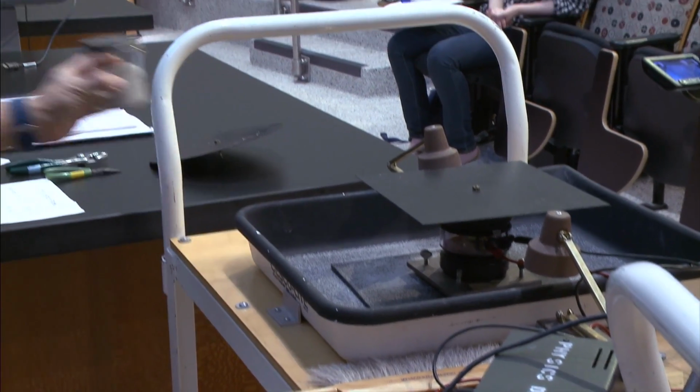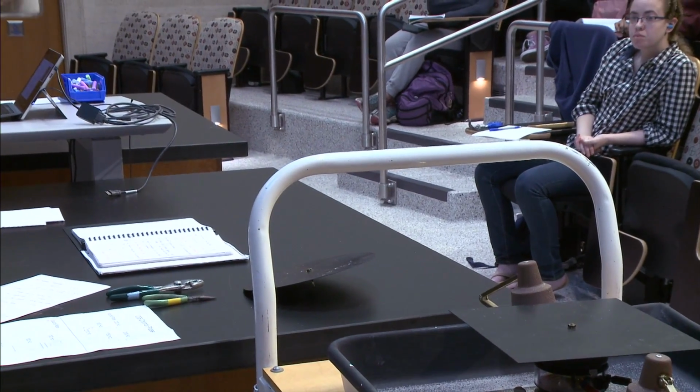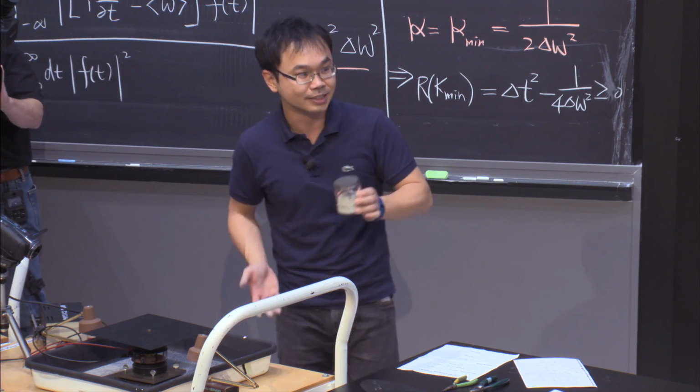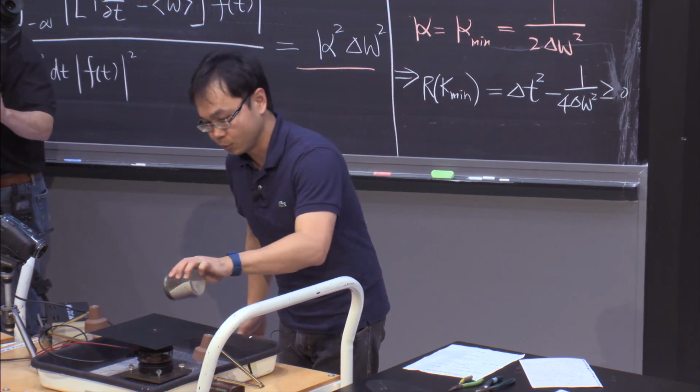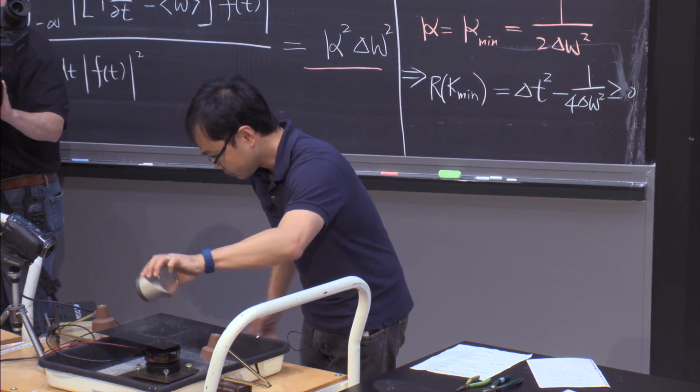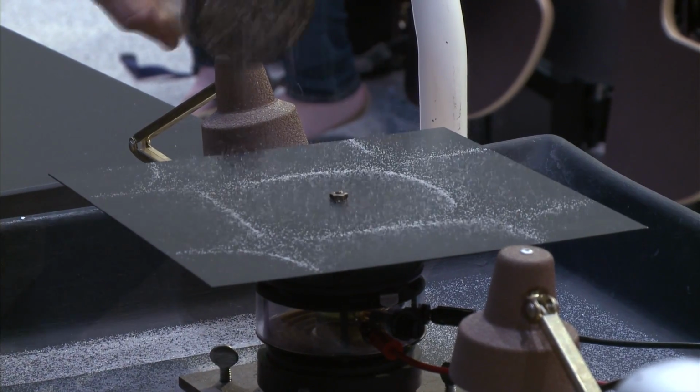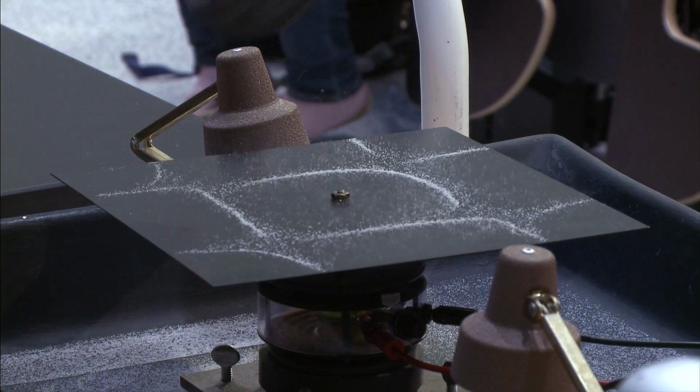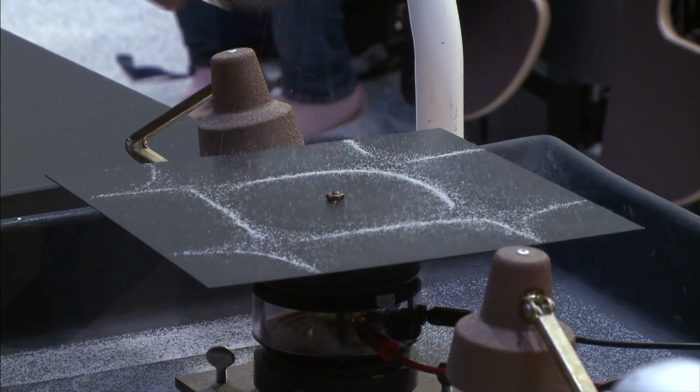So what I'm going to do is to pour some of the sand on the surface and see what is going to happen. If you look at this, I'm putting sand on it. You can see that there's something happening.